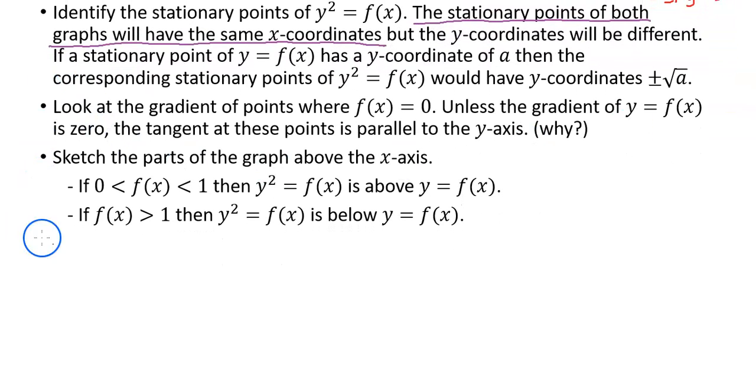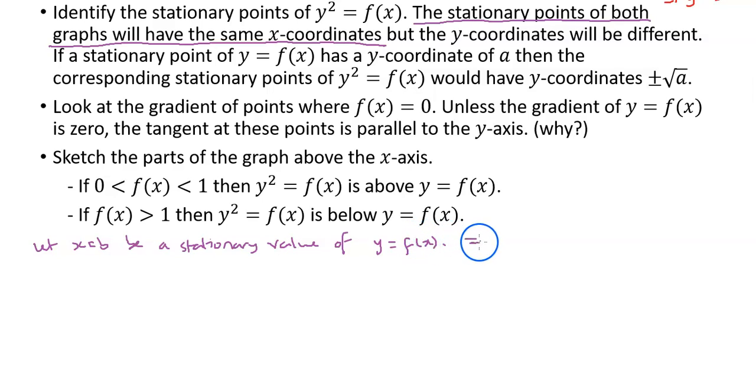So to that end, let's suppose that x equals b is a stationary value of y equals f of x. So that would tell us that f prime of b is equal to 0.